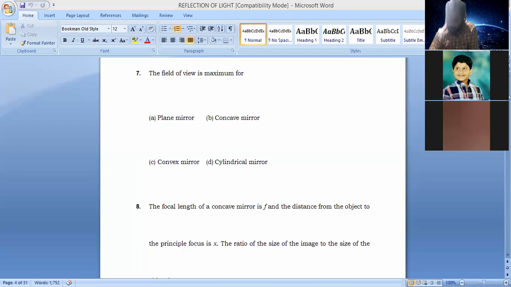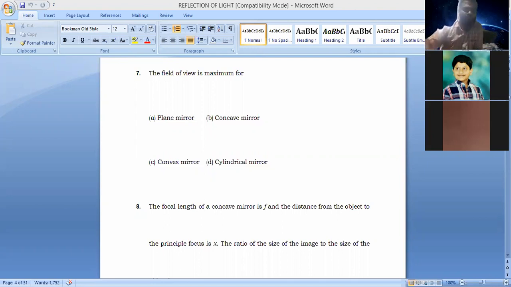The amount of area we can see is called the field of view. The plane or the area in which an observer is observing the object can be called the field of view.